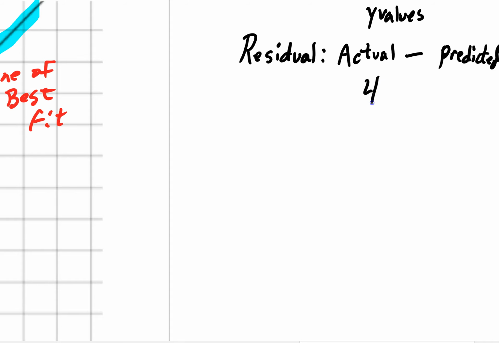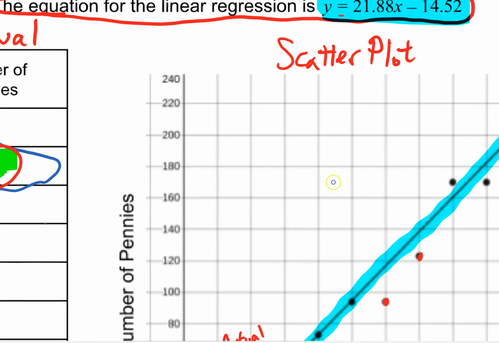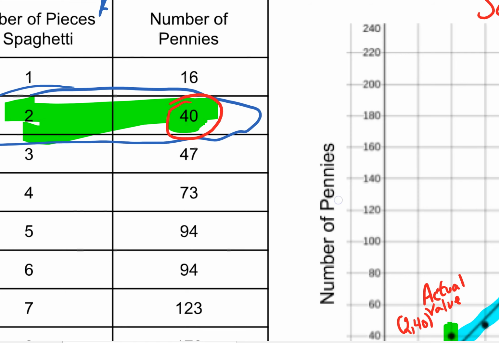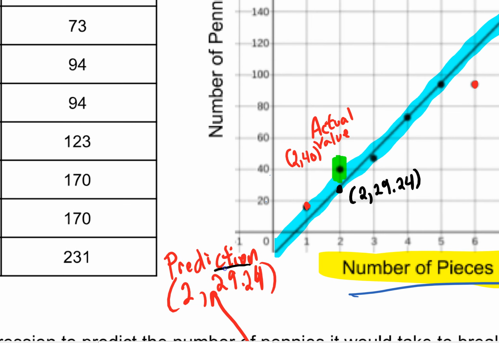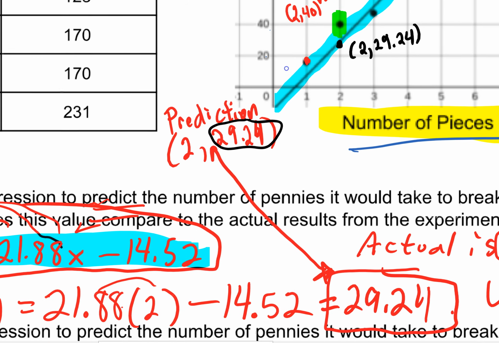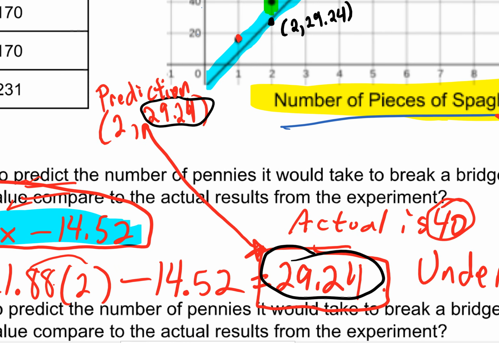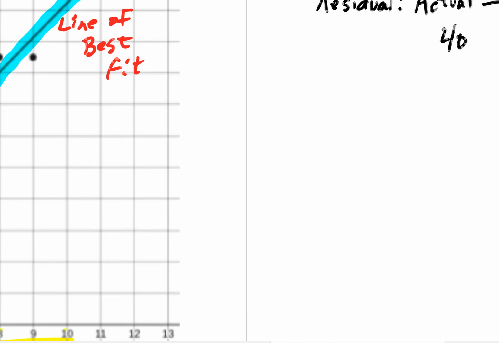Now, the actual y value that we just saw was 40, right? That's right here. The predicted y value, you could see we just came up with this right over here, was 29.24.